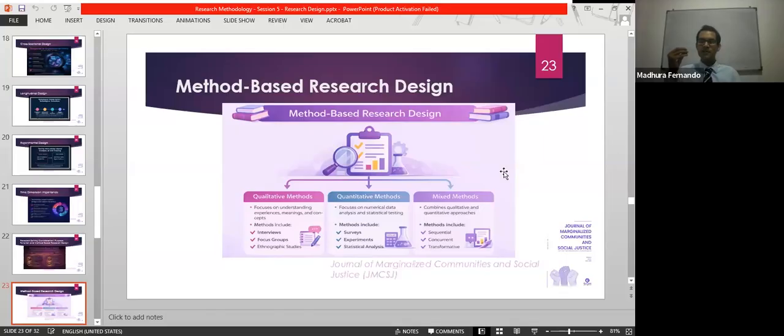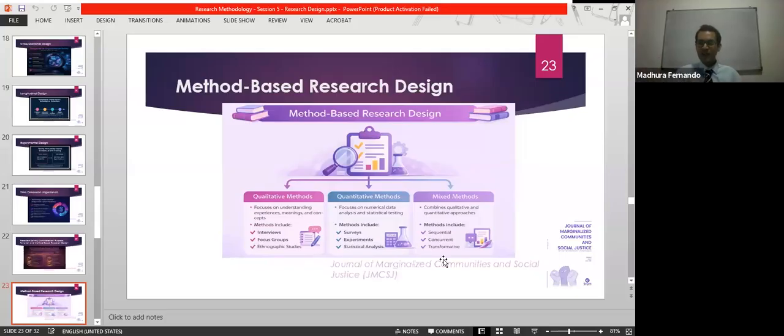So the purpose is the social responsibility. So unlike these sequential and concurrent methods, you conduct your research depending on your social responsibility. That's why it is called transformative. You transform the society. You change the society. You make a certain impact on the society.